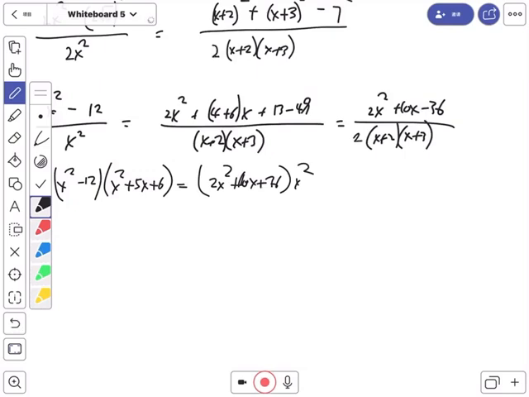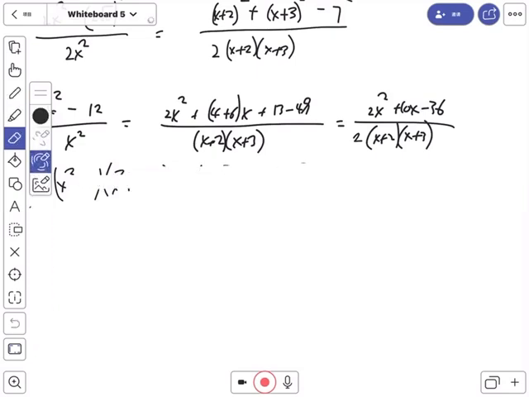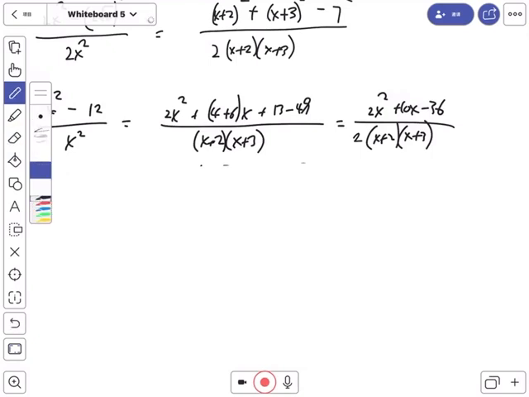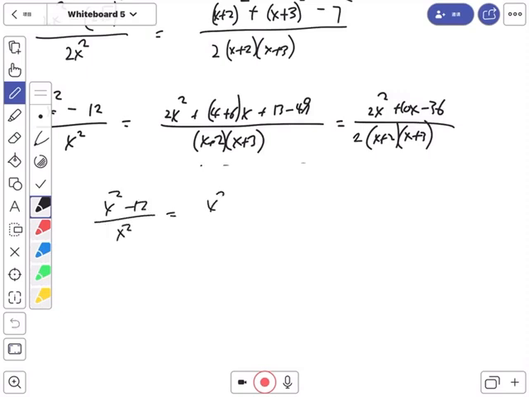There's a 2 here, so this is probably why. Okay, I think I kind of messed up the calculation. So we can also cancel out 2. We're going to have x squared minus 12 over x squared is going to be equal to x squared plus 5x plus 18 divided by x squared plus 5x plus 6.